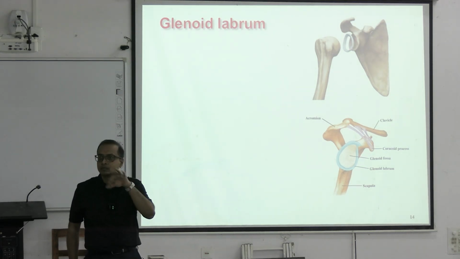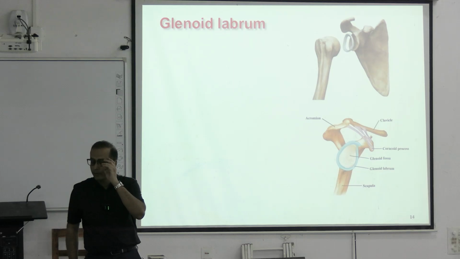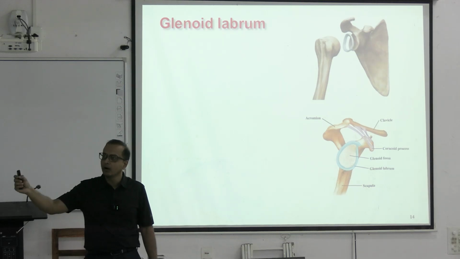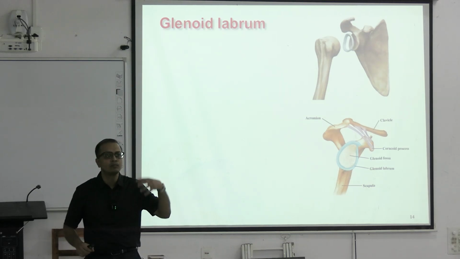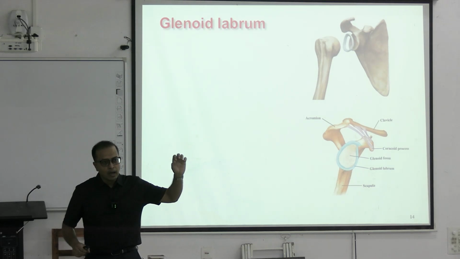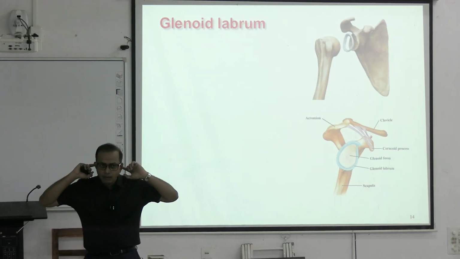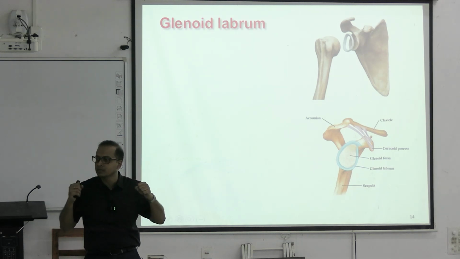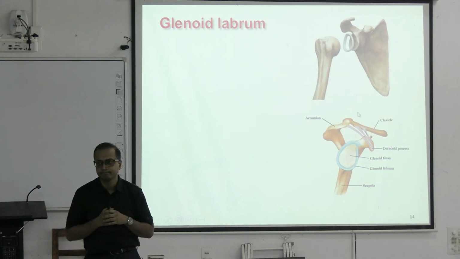It is a kind of circular disc which has a rim, just like a ring. This labrum is made of what? Cartilage. What kind of cartilage? Fibrocartilage. What are the different types of cartilage you know? We have hyaline cartilage, fibrocartilage and elastic cartilage. This cartilage is fibrocartilage. That means it has the capacity to take some shocks, right.